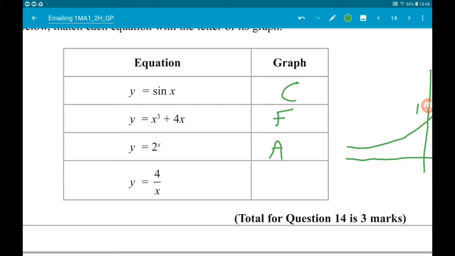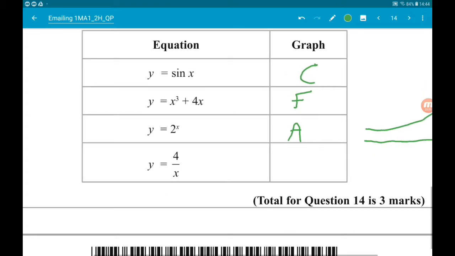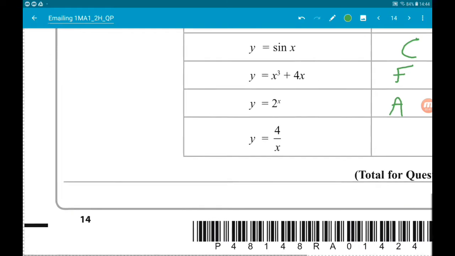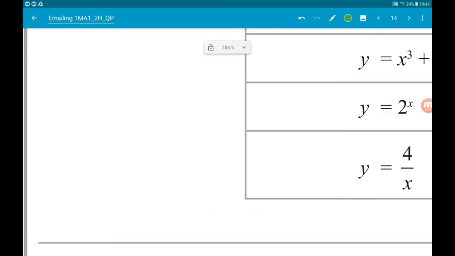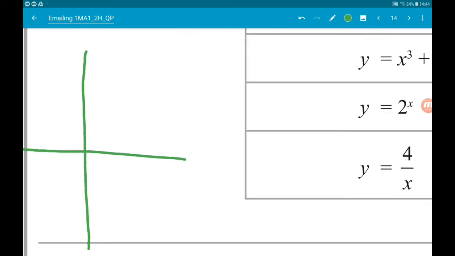Okay, and then the last one, y is 4 over x. So this is inverse proportion. As x gets bigger, y gets smaller, and as x gets smaller, y gets bigger. So, in the positive part of the graph, x gets bigger as you go off to the right, and x gets smaller as we come back towards the y-axis.